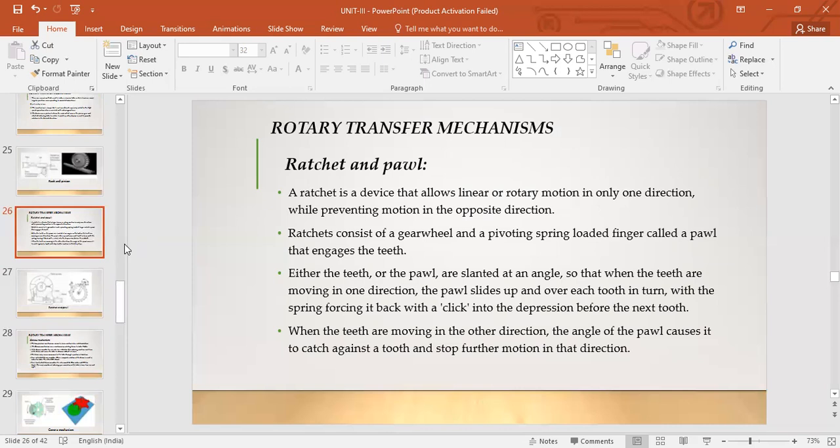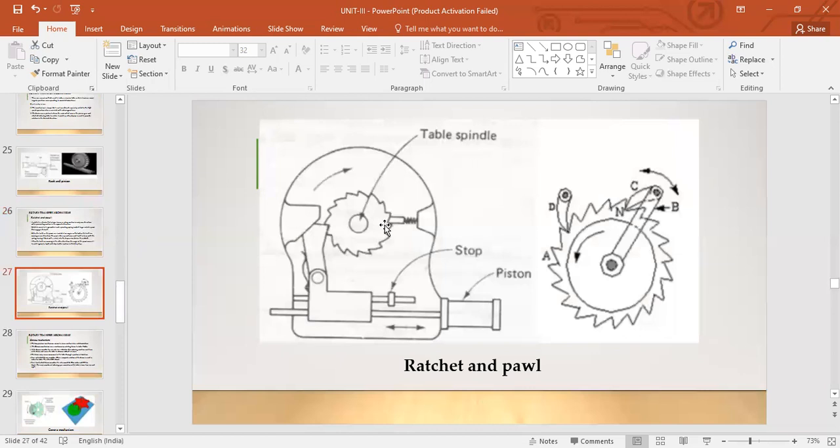Imagine a ratchet, if you have seen one, the inside mechanism is like this. If you observe here, the rotary motion of this pinion, let's call it, you see those teeth, and if it moves this way, this link will move up.